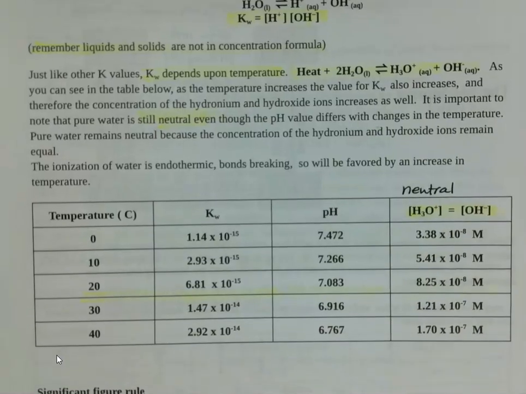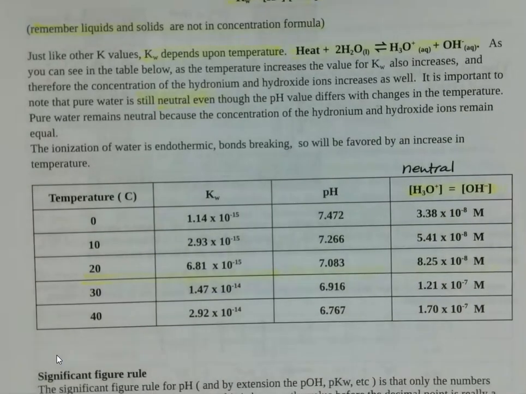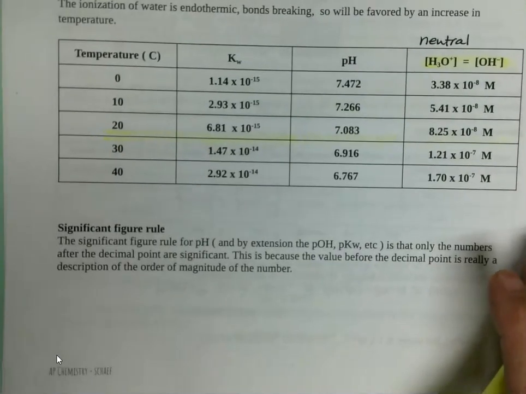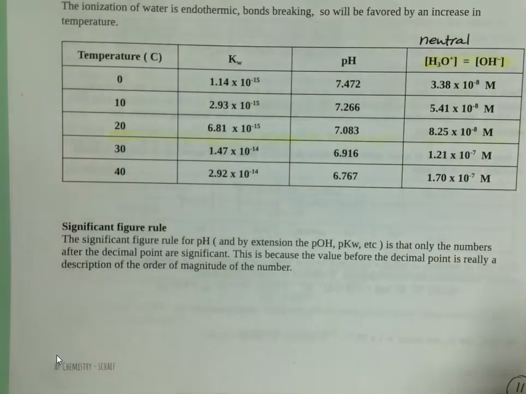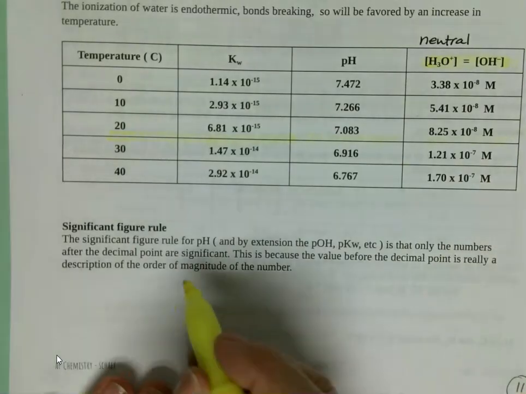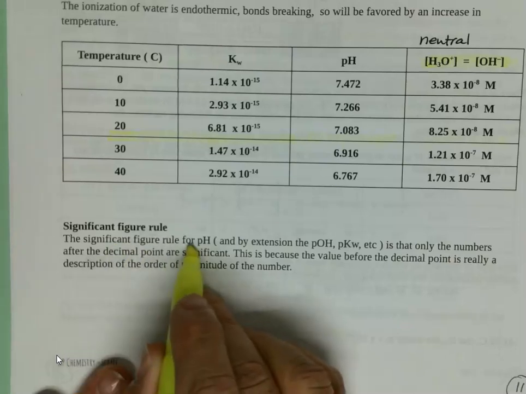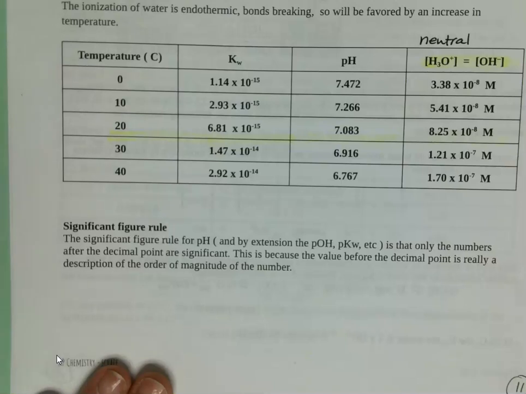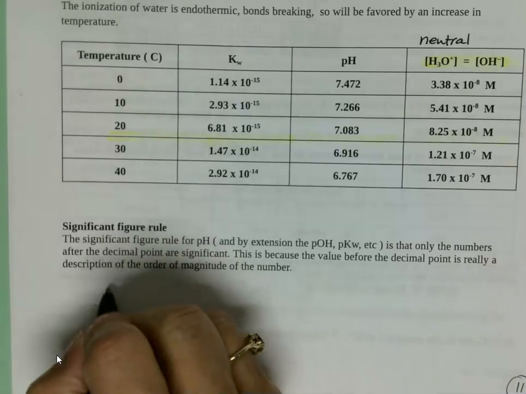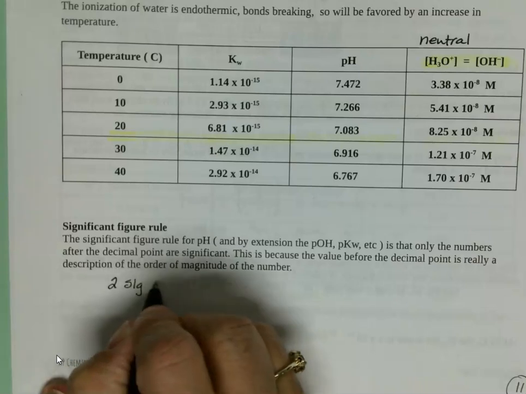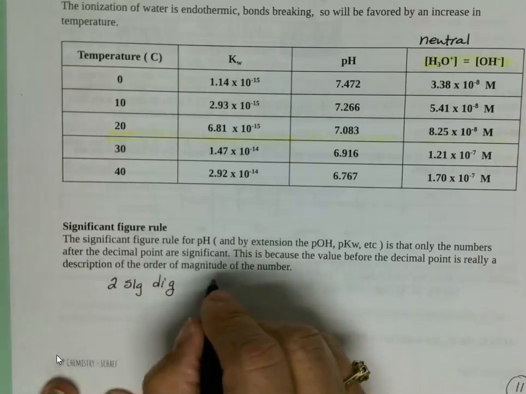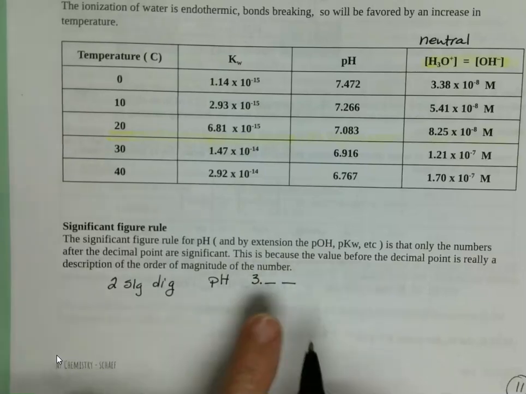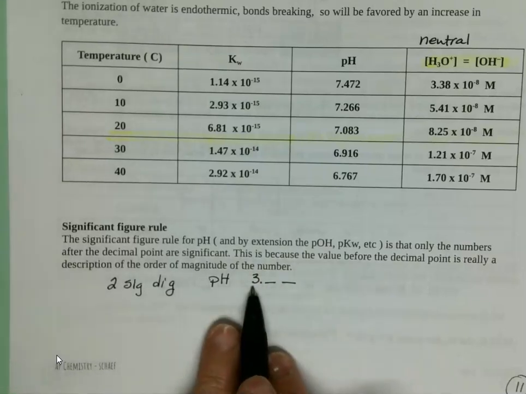Let me add one more thing and then I'll be done here. And it is, how do we write sig digs for pH? It has its own little rule for sig digs. Your significant digits for your pH is only the numbers after the decimal point. What I mean by that is if your problem has 2 significant digits, then in terms of pH, you would have a number like this, and these 2 would be the ones that you count. You don't count the 3.